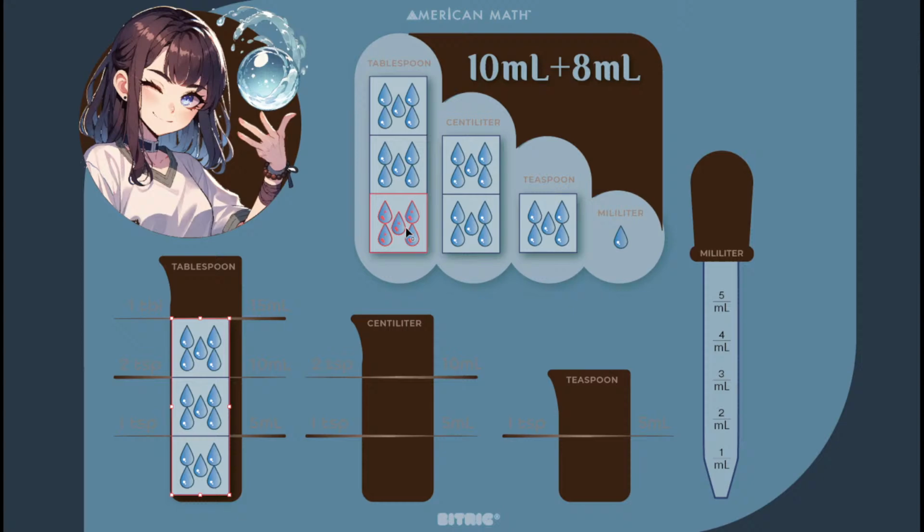And then we know we need 3 more additional milliliters. So what we're going to do is drag 3 into the dropper. So then that'll give us a tablespoon and 3 milliliters. Excellent. That is correct. But I want to show you something here.